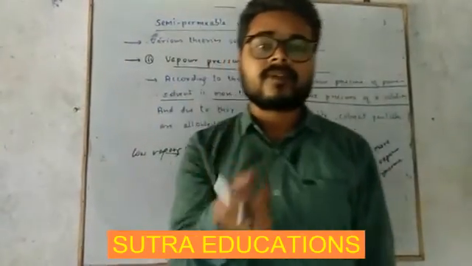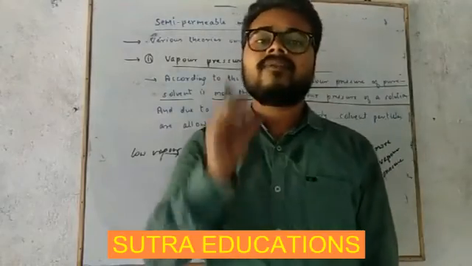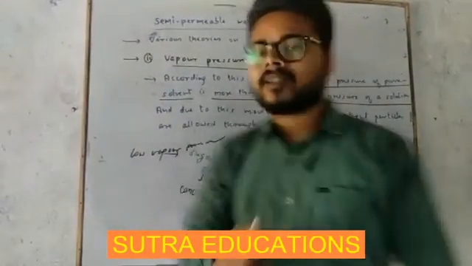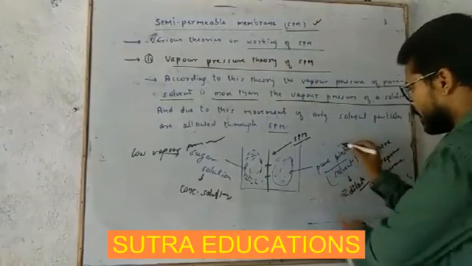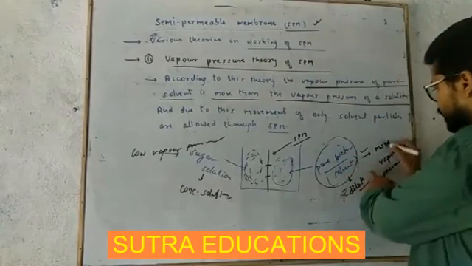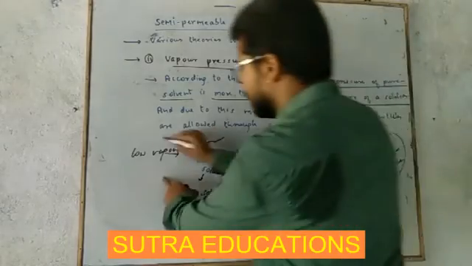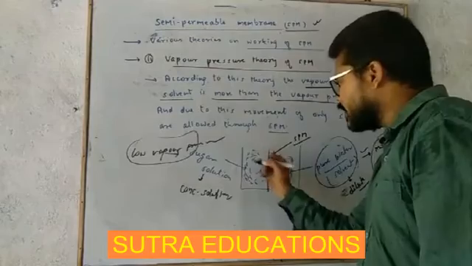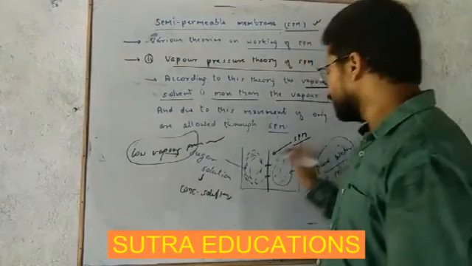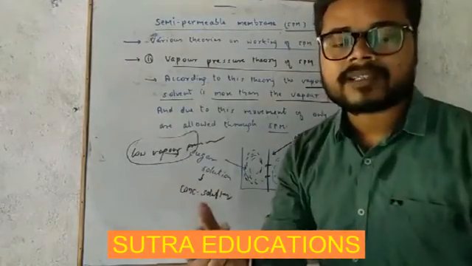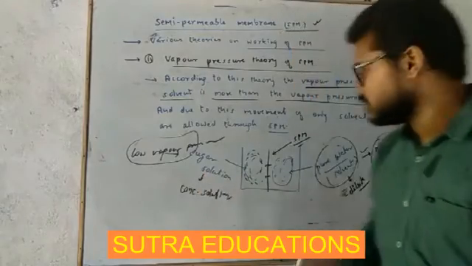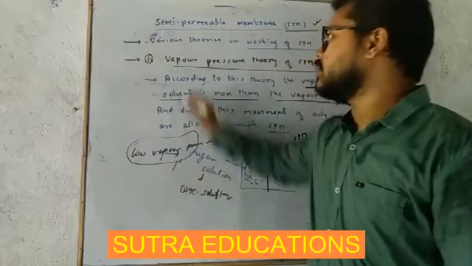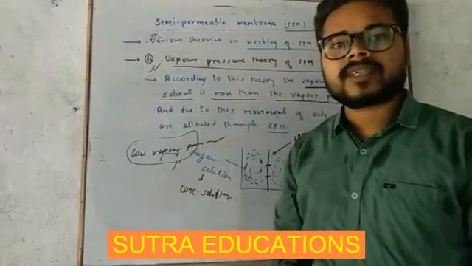Anything flows from more vapor pressure to low vapor pressure. Since pure solvent has more vapor pressure and a solution has less, solvent particles will flow through the SPM towards the solution. This is the theory, and this is the most accepted theory.